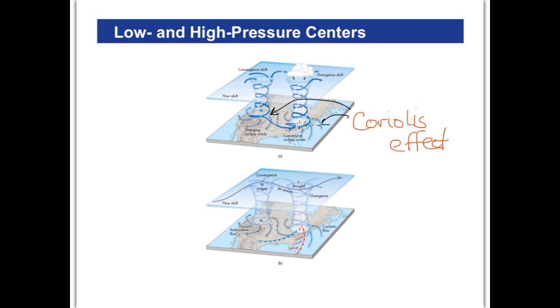So air moves out from a high pressure to low pressure. Where's the only place it can go? Only place it can go is up. So it kind of swirls up like that. All this air is coming together right here, so all that air that's rising up in that place becomes high pressure.